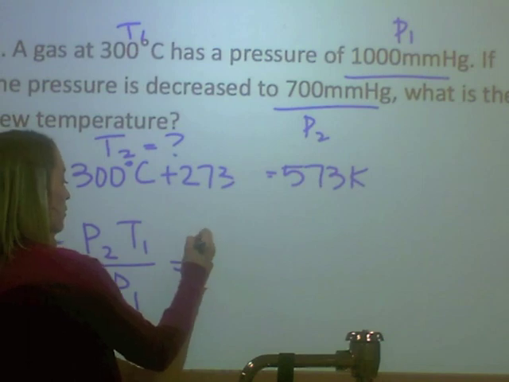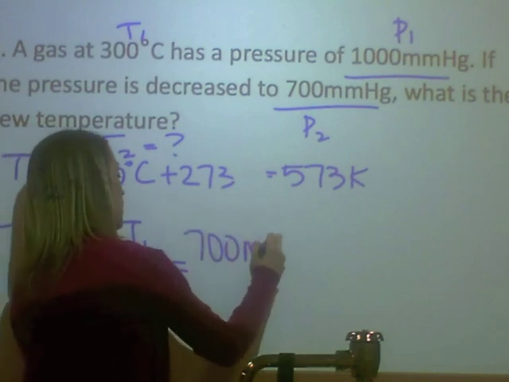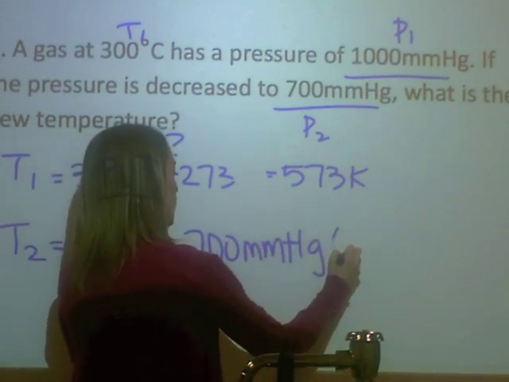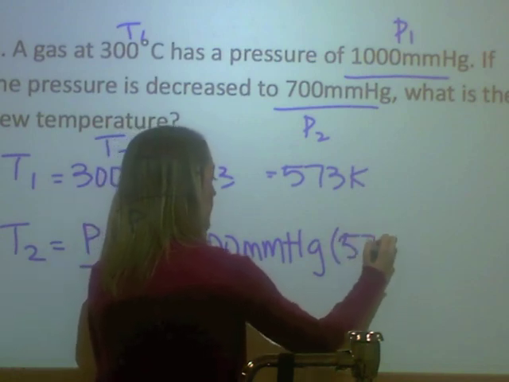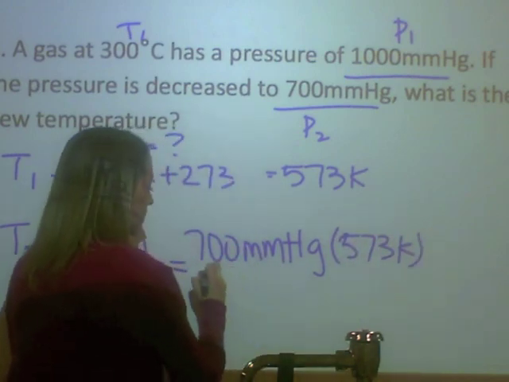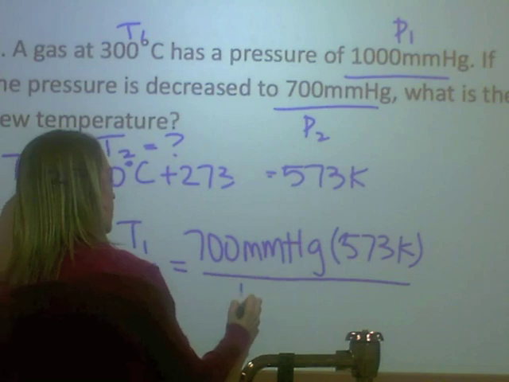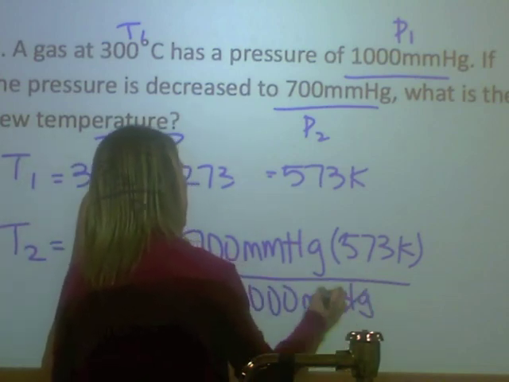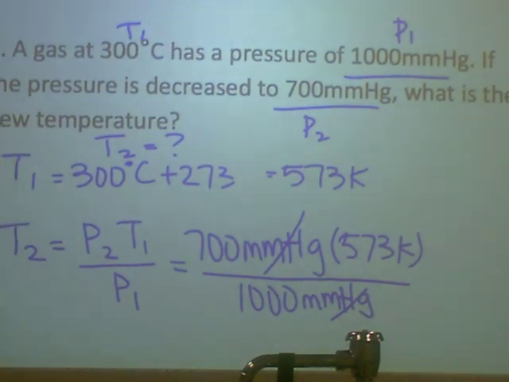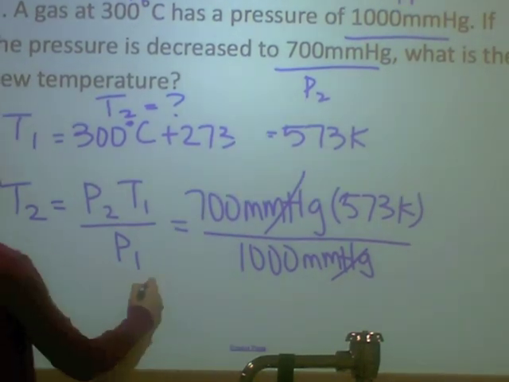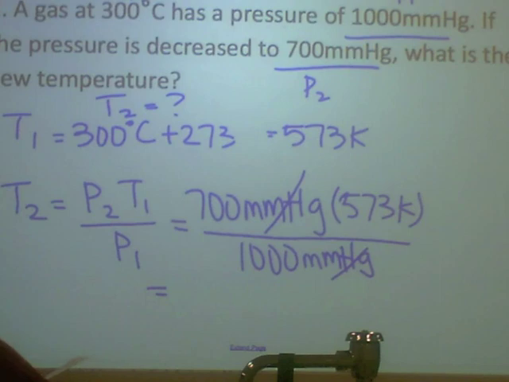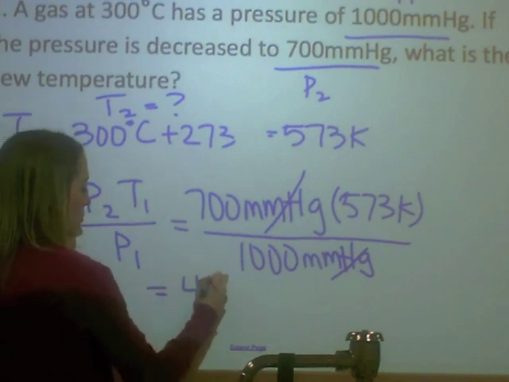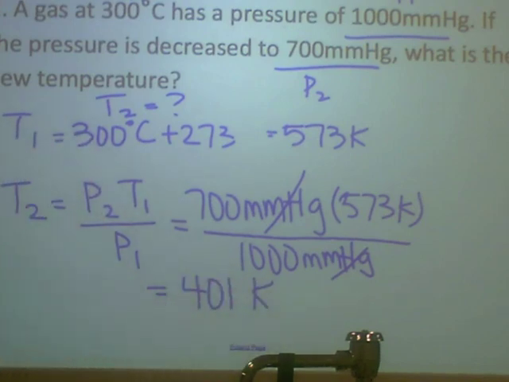Plug and chug: P2, 700 millimeters of mercury, times 573 Kelvin, divided by 1,000 millimeters of mercury. My final answer would be 431 Kelvin.